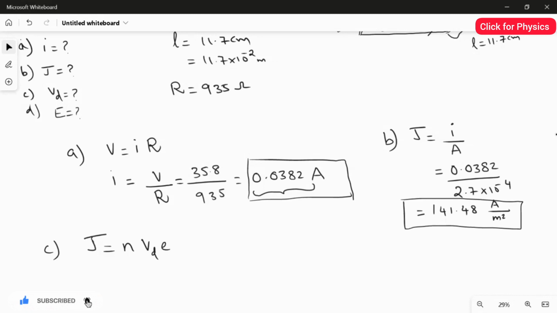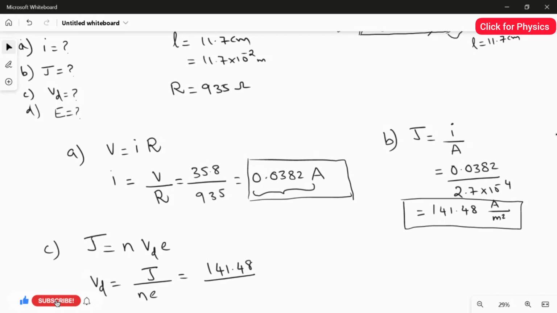Now I'm going to use this equation for finding the answer for the drift speed. So I have to rearrange this equation in terms of drift speed. Therefore, drift speed v_d is equal to the current density divided by n multiplied by e. So here for the current density, I am going to use the answer from the B part. So the current density value is 141.48 divided by the conduction electron density. In the question they gave the value of the conduction electrons.